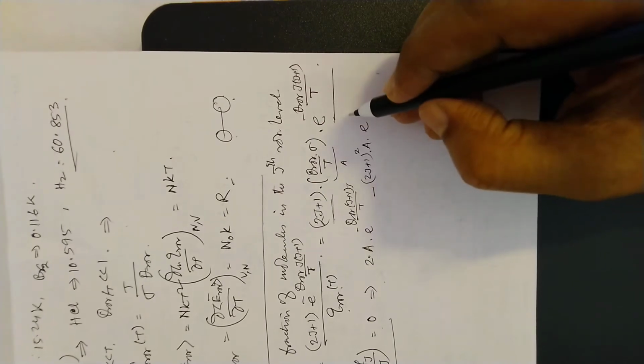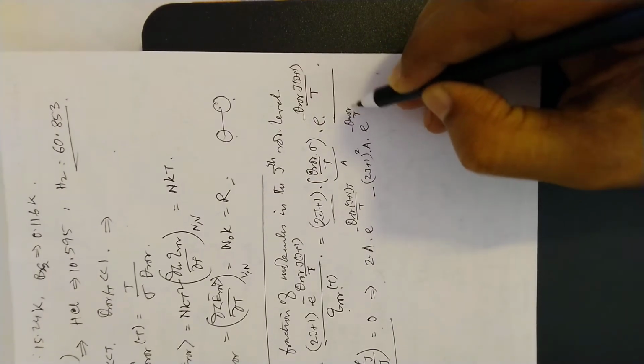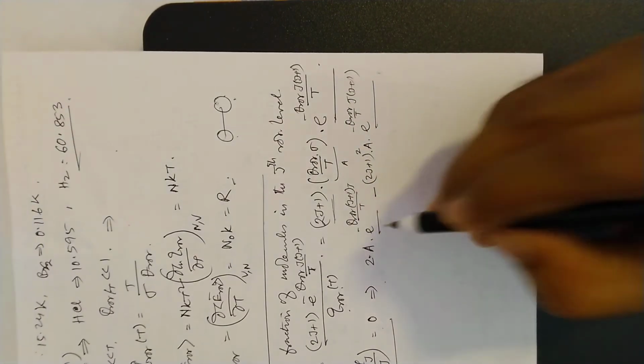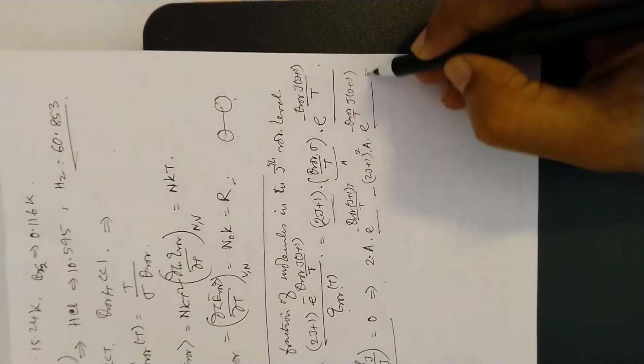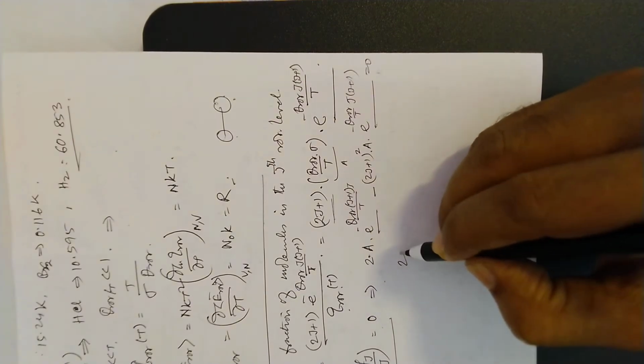Because the exponential term, e to the power minus theta rotational by T j into j plus 1, is not 0 at a finite temperature, when you put it to 0 it becomes essentially twice a.